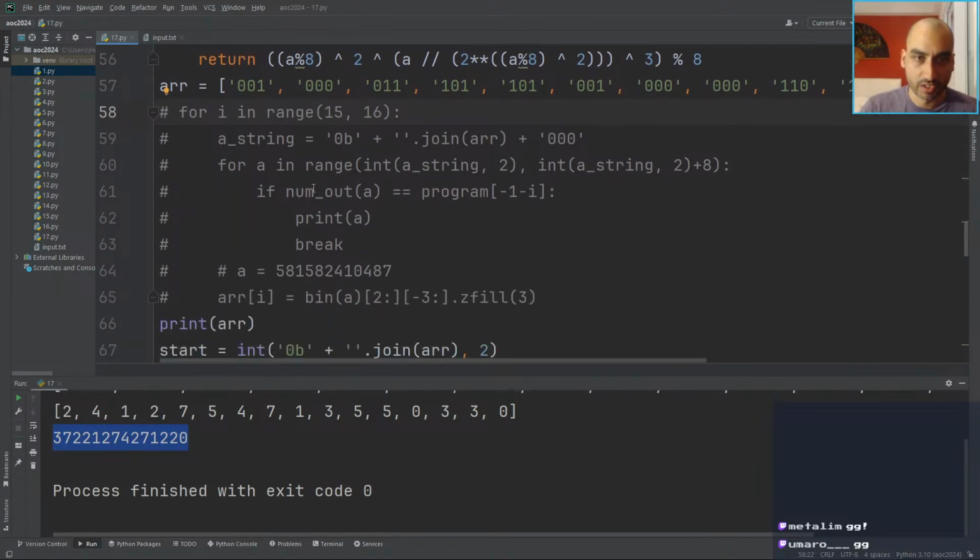So for each, instead of breaking here, we create a list of the potential A's. You can write this recursively. In fact, it would actually be quite clean if you write it recursively. Why didn't I do that to begin with?